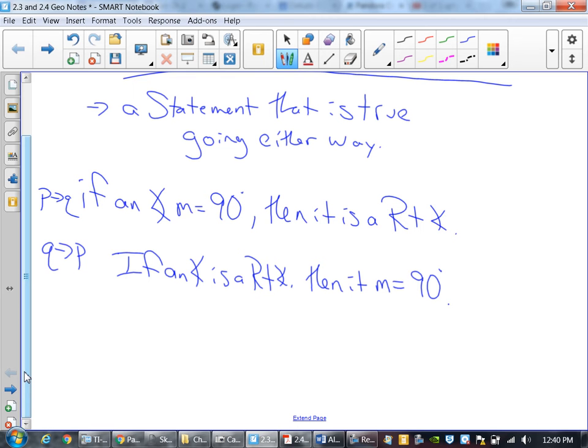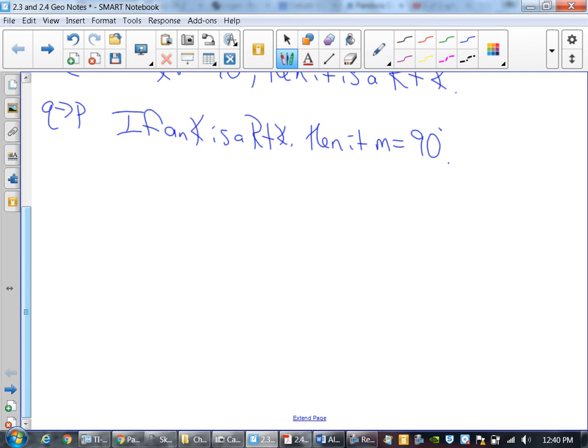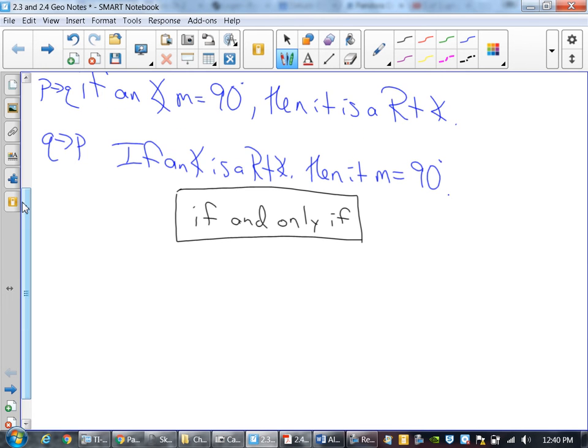We use the term if and only if. An angle measures 90 degrees. Now, if and only if is a lot of letters. It's a lot of words to write out.